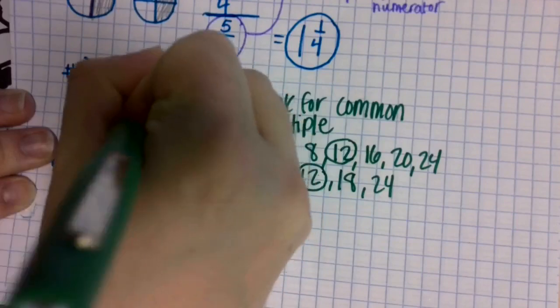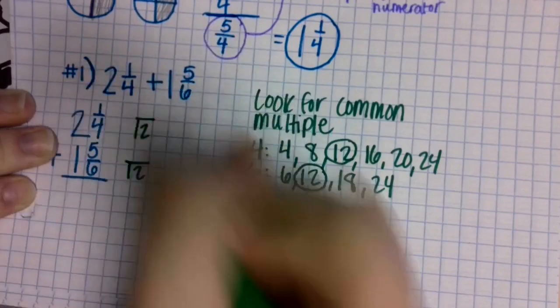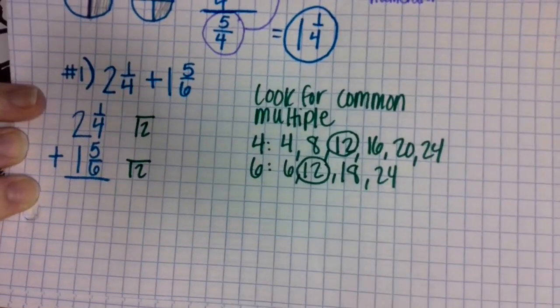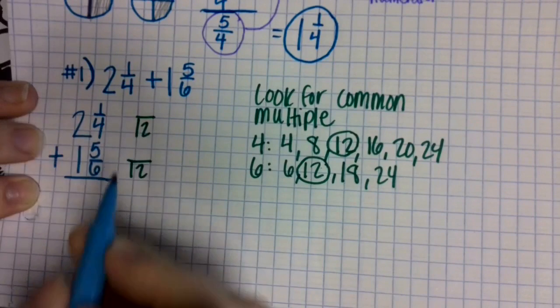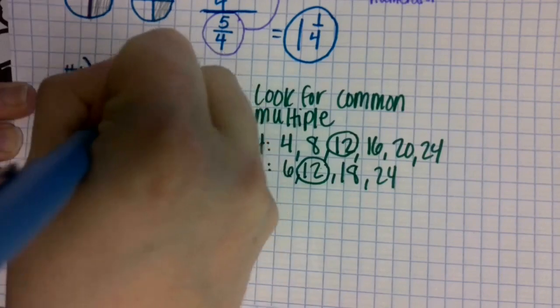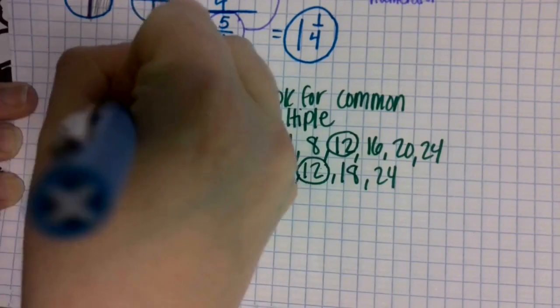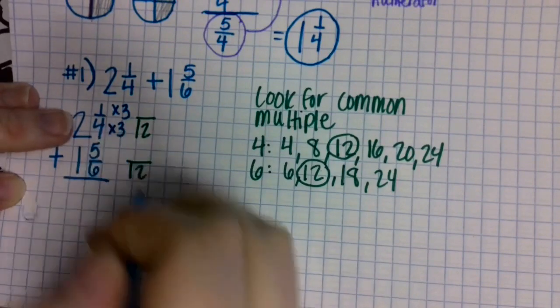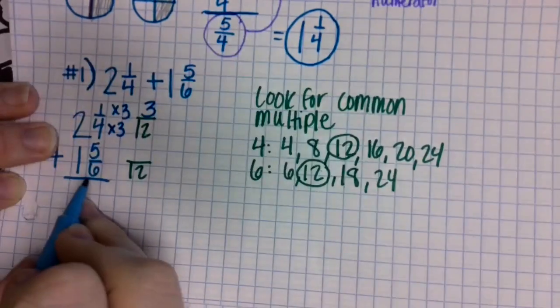And I'm going to write my new denominator over here. This is why I like writing it vertically. And I'm going to ask myself, how do I go from 4 to 12 in multiplying? That's just multiply by 3. So I'm going to multiply by 3, remembering I have to also multiply the numerator by 3. 1 times 3 is 3.